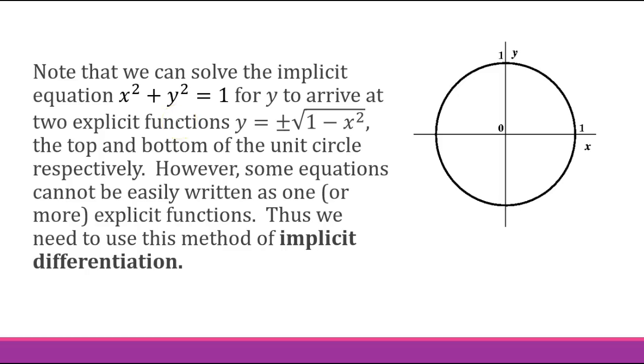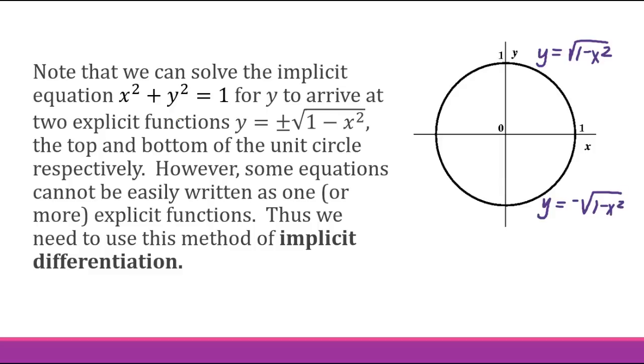So note that we can solve the implicit equation x squared plus y squared equals 1 for y to arrive at the two explicit functions, so we'd get plus or minus the square root of 1 minus x squared to represent the top and bottom of the unit circle respectively. So we can rewrite the top as positive radical 1 minus x squared and the bottom of the circle to be negative radical 1 minus x squared, so that we really do have functions.